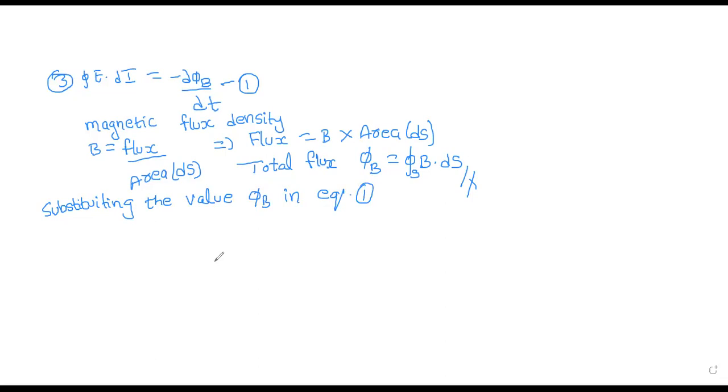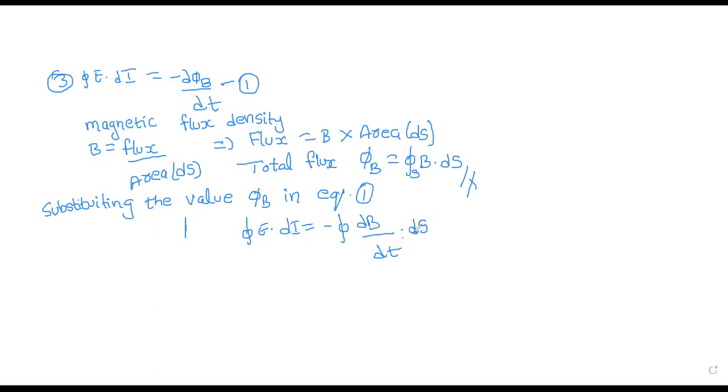Now you see, we write the integration of E into dl is equal to minus the integration of dou B by dou t into dS.